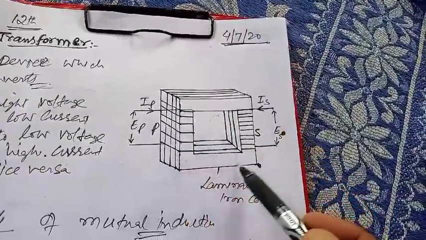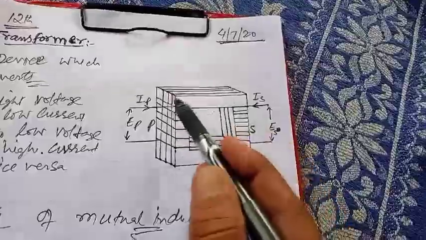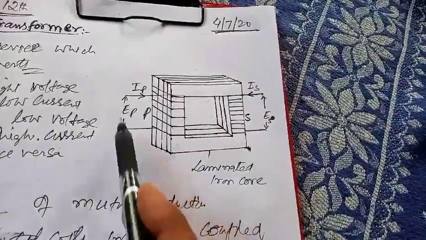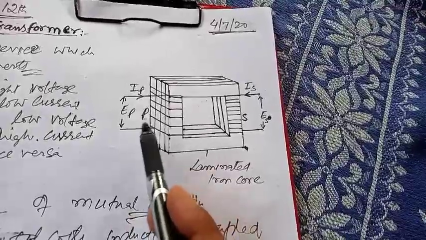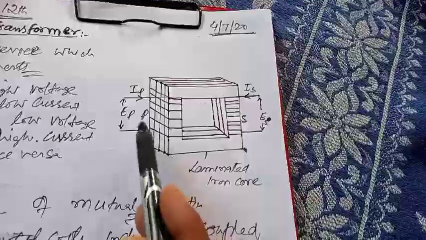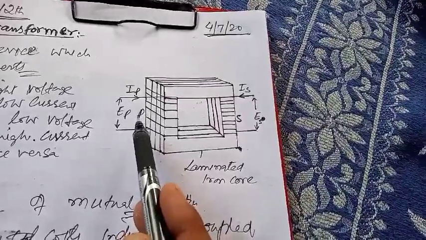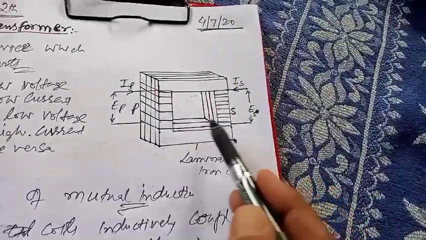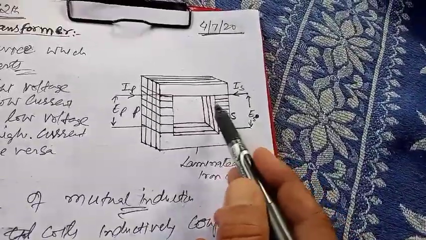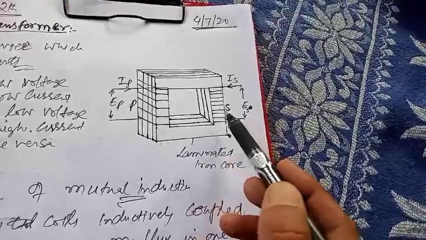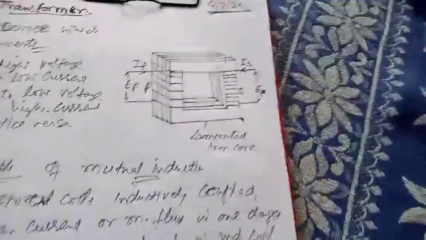This is a laminated soft iron core, in which two coils are wound. One is here on the side, we name it P, and the second coil is also wound on the same iron core. This is S.